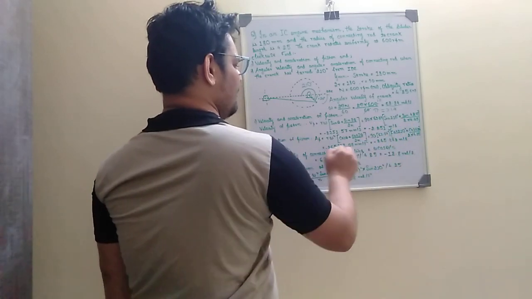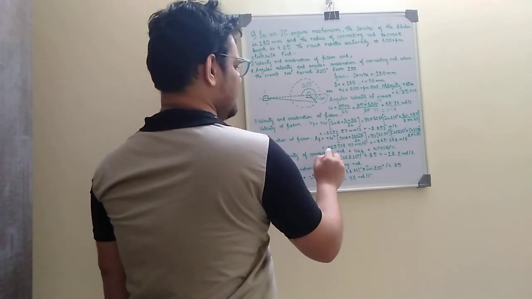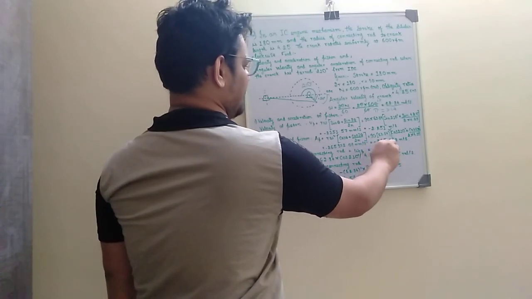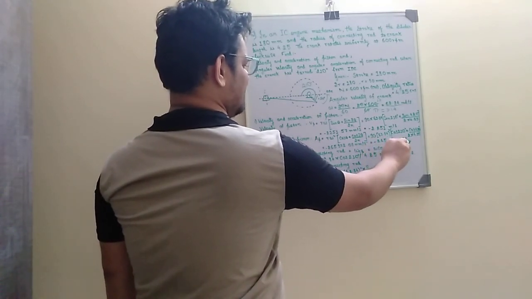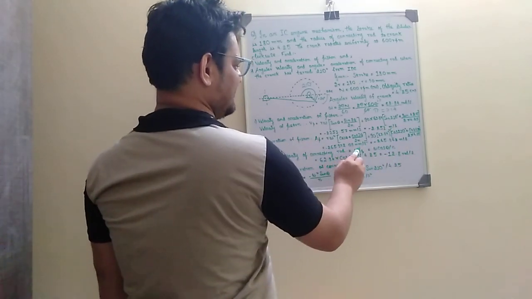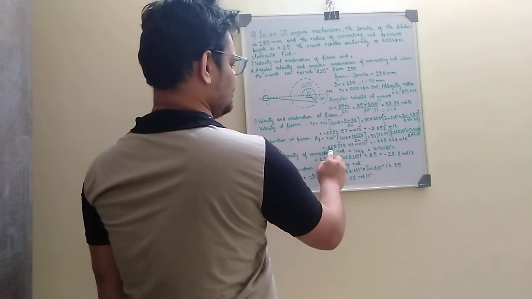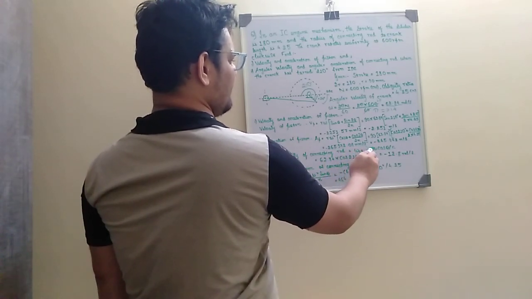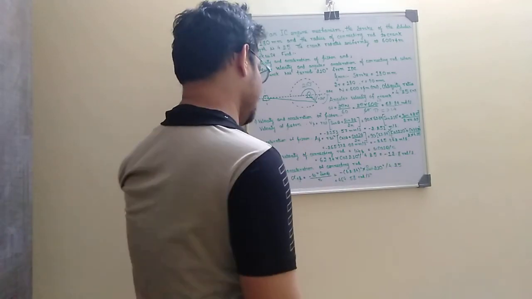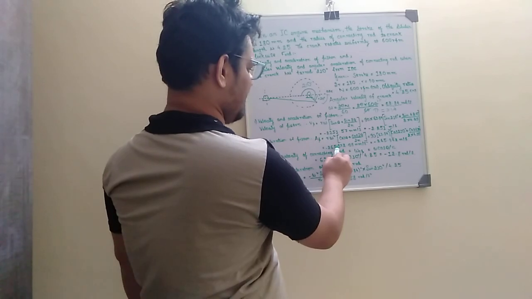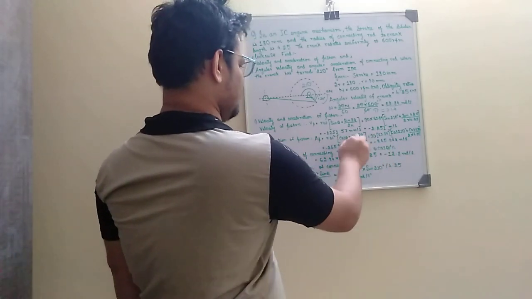We get the result as minus 265,972.09 millimeter per second square, and we convert it into meter per second square by dividing by 1000.